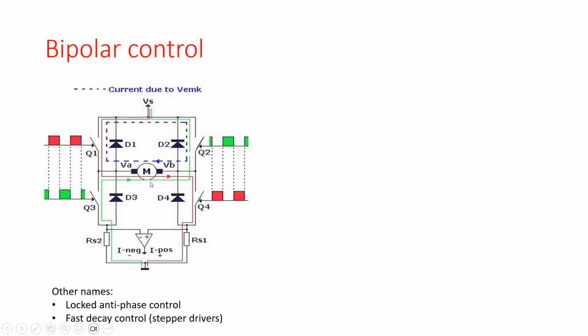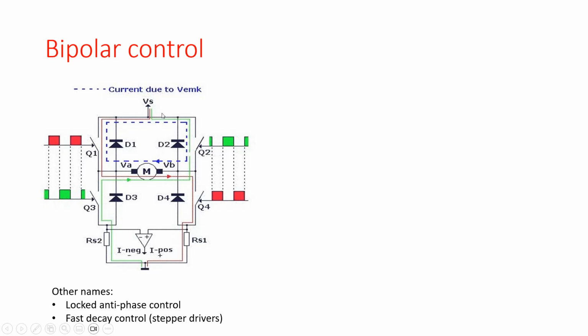So in that case, the current path is going from the ground through Q3, through the motor, through Q2, back to the power supply. That is the case when we have the negative or zero part of the PWM cycle.